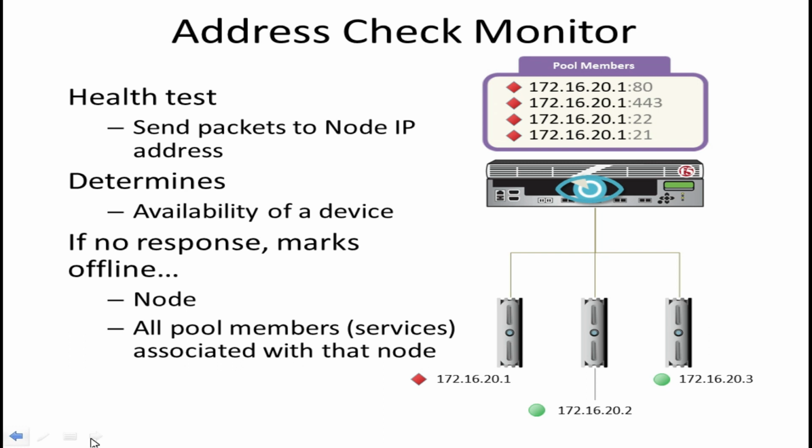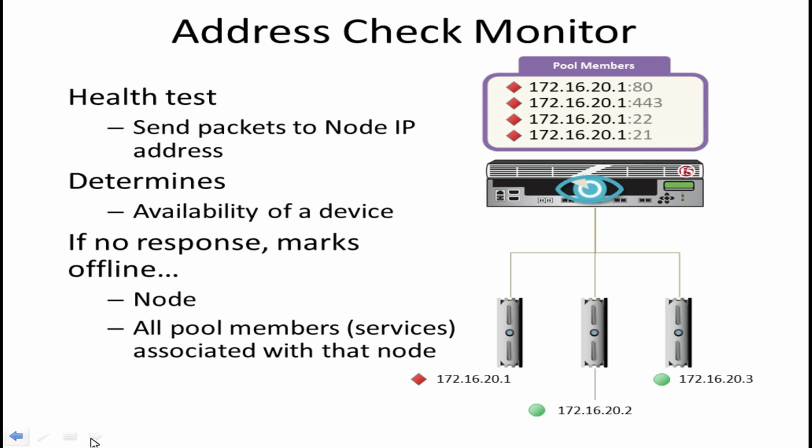What are the good points of this monitor? It is a very simple test. As a BIG-IP administrator, we know that it will simply ping and check the response. If it is okay, it means the health status is good. If it is not, it means it is down. But what is the gray area over here? It can mark a pool member down even though the services may be up.